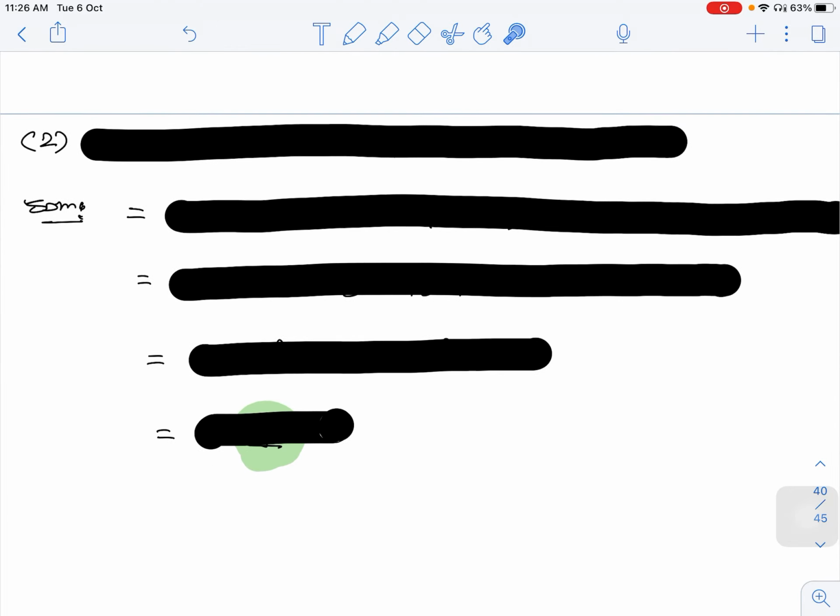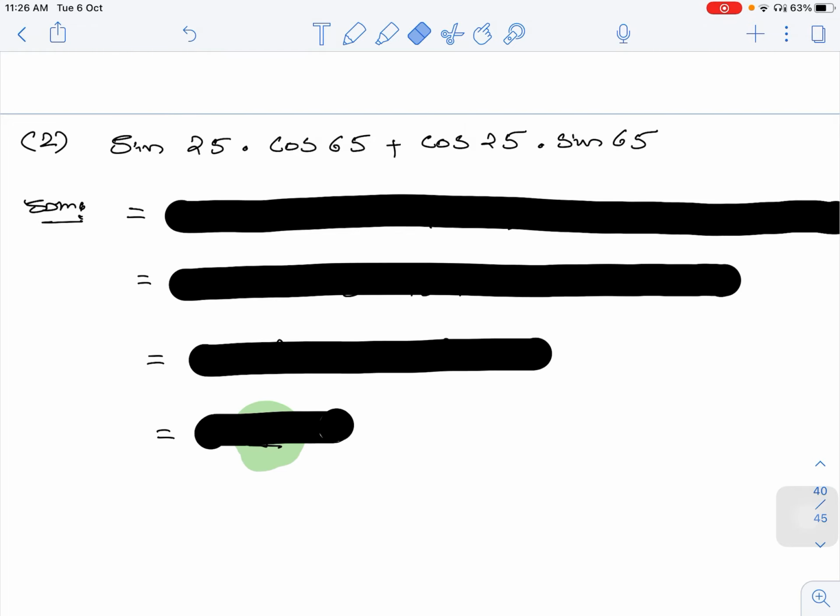It is good if you are able to learn all the formulas, then it will be easy for you to understand the example and solve it. Now let us consider an example based on a similar concept. Here we have sine 25 into cos 65 plus cos 25 into sine 65. Again the same condition: these two angles are equal.